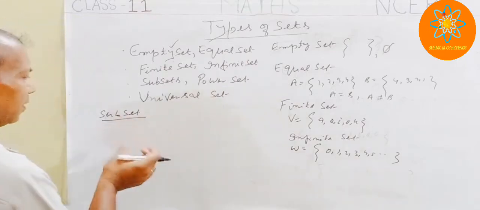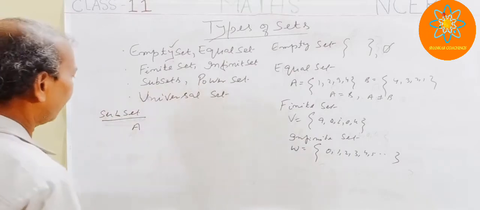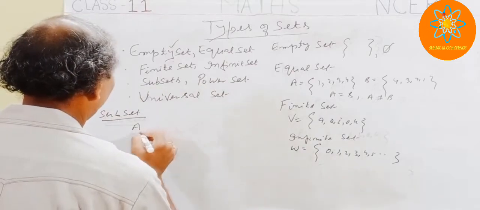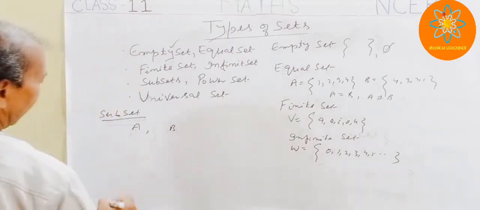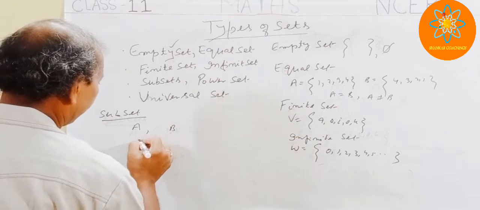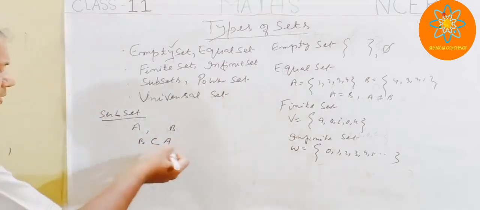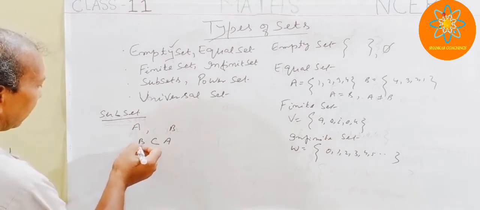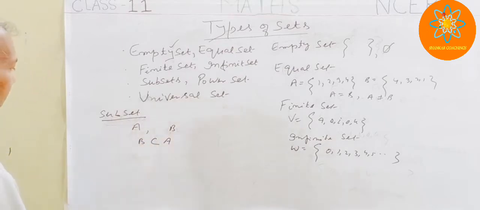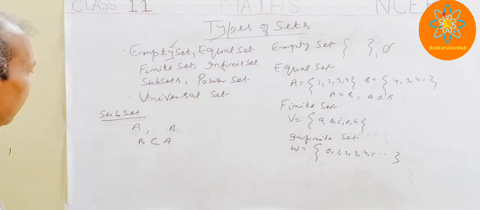Let's suppose set A and set B are given, then set B is a subset of A. Then we write in this way: B is the subset of A, and if we write all the possible subsets, then that is called the power set.